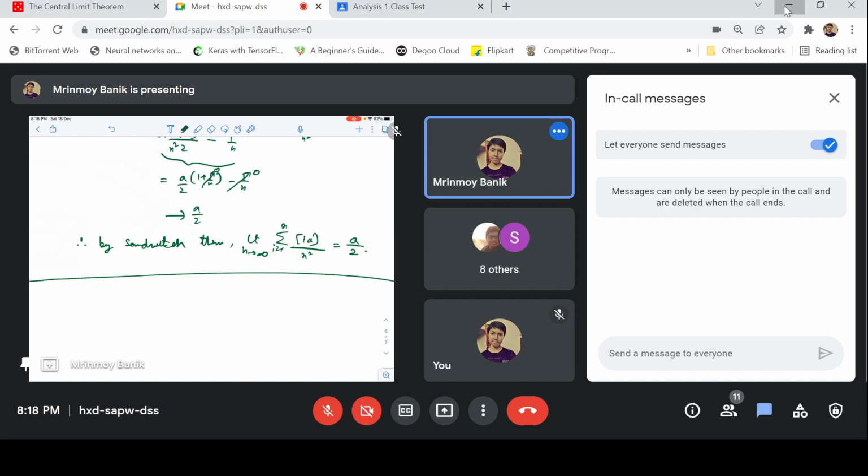So to show 2, let's assume the contrary. To show f of xn goes to f of a, assume f of xn doesn't converge to f of a.